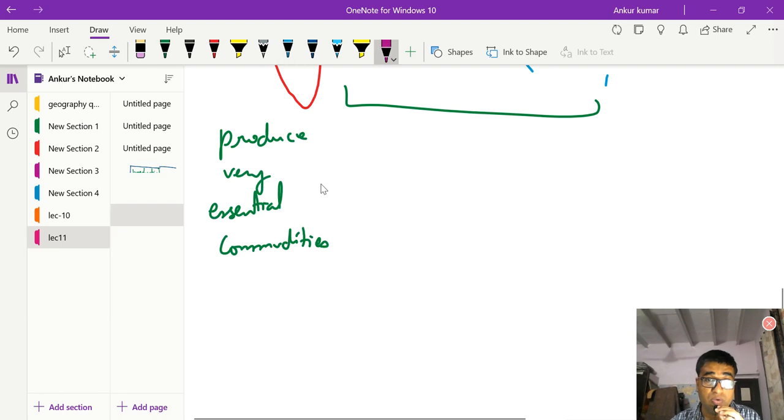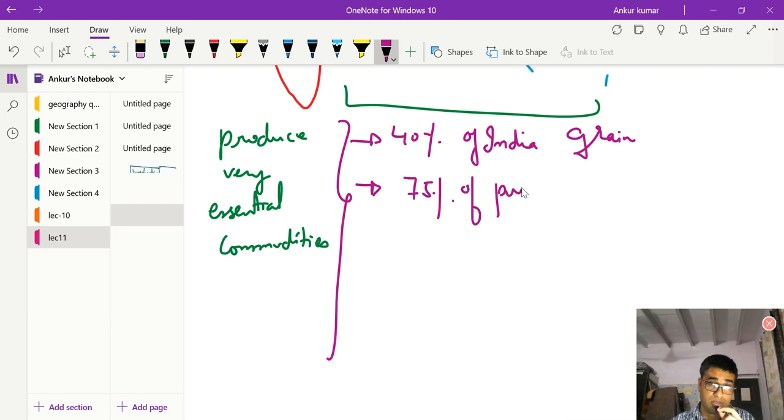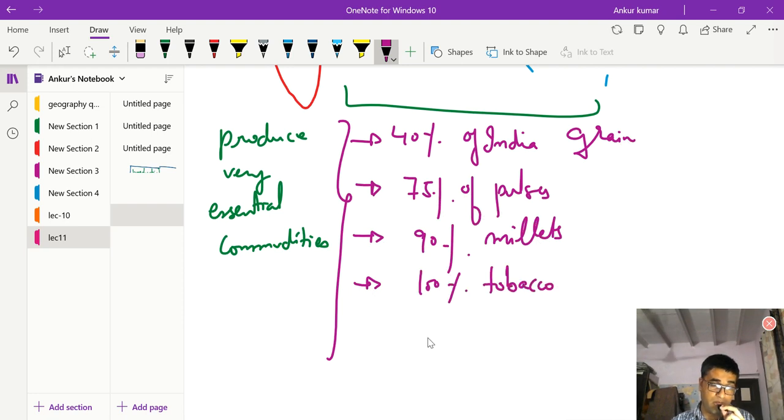Look at the commodities here. 40% of India's grain comes from this belt. 75% of pulses. 90% of millets come from this belt. 100% tobacco. 70% cotton comes from this belt.